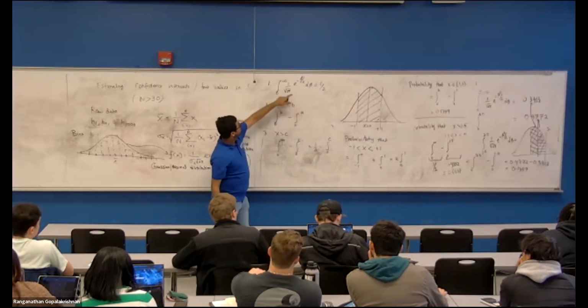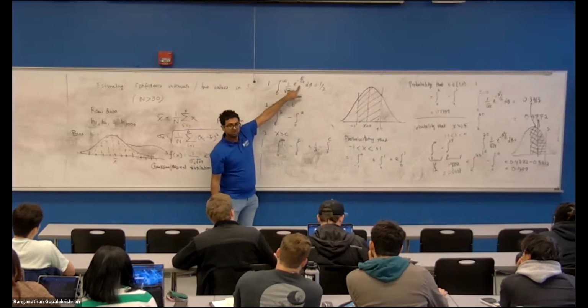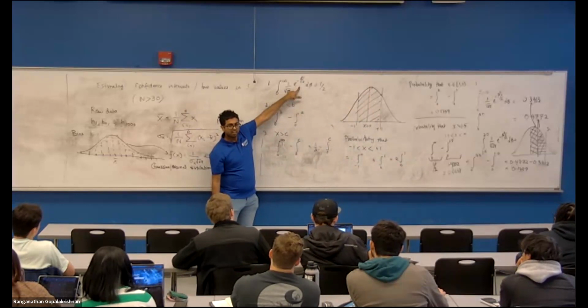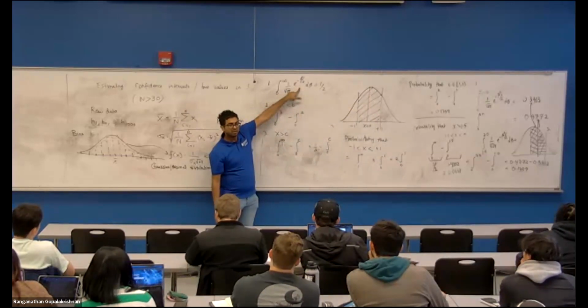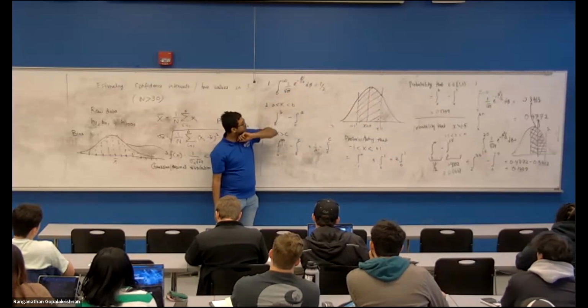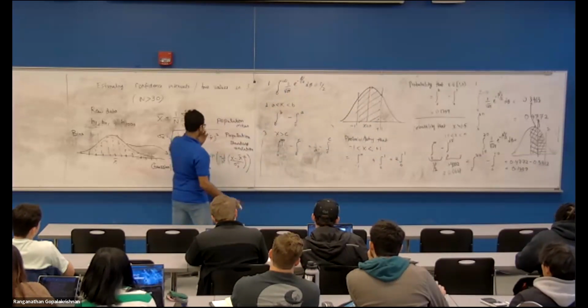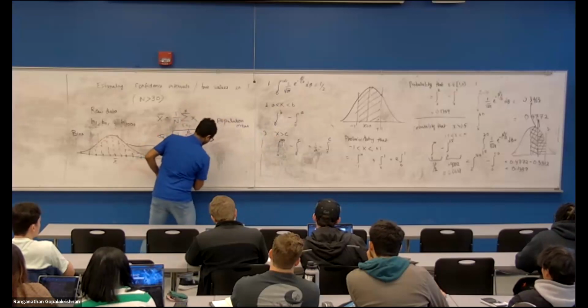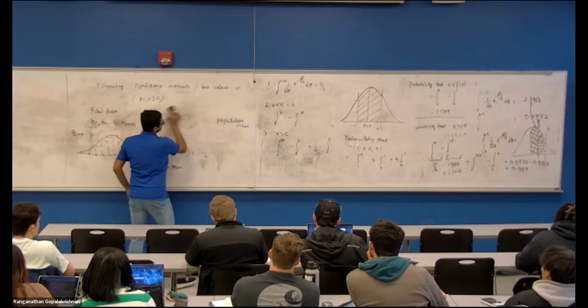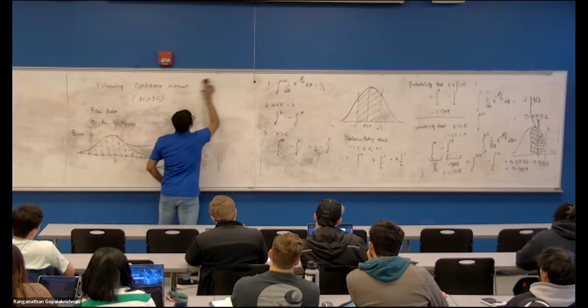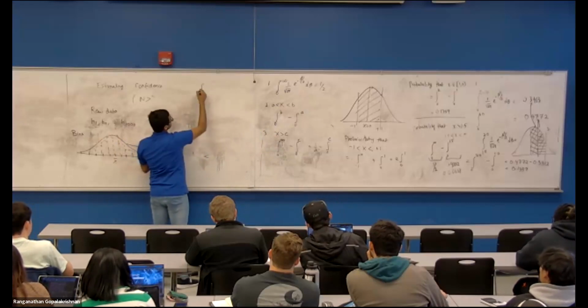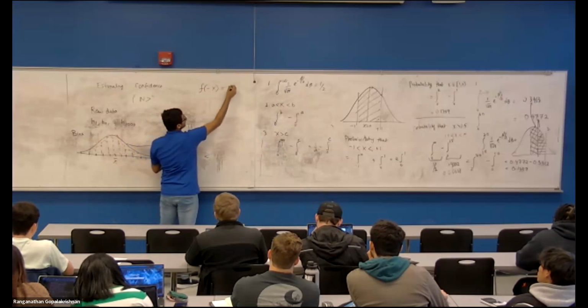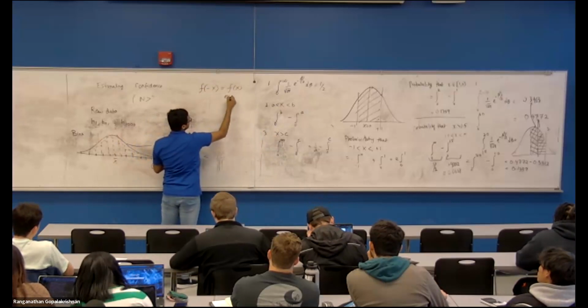Mathematically speaking, look at this function. Is this an odd function or even function? What is odd? What is even? If you have a function and you consider f of minus x and that is equal to f of x, this is an even function.